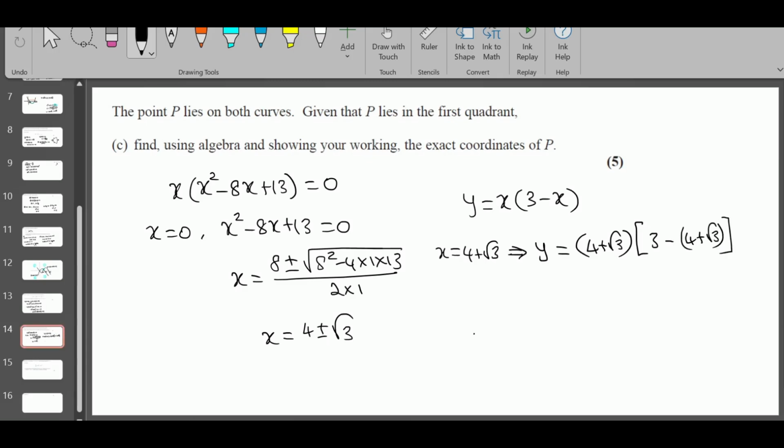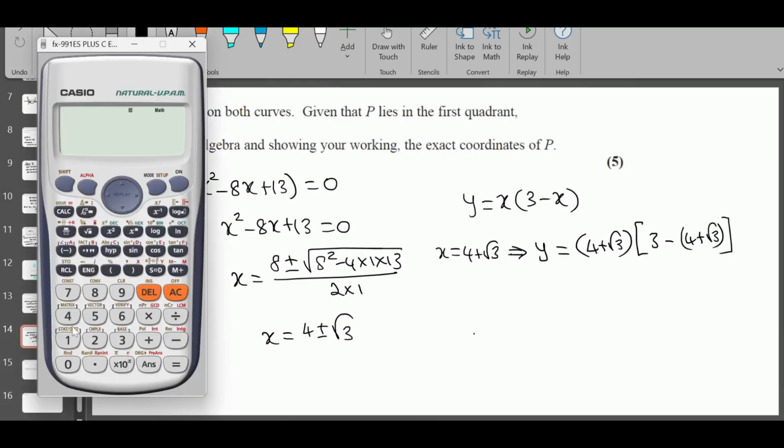Let's put it in the calculator to check whether we are getting a positive number. 4 plus root 3, close the bracket. 3 minus 4 is minus 1 minus root 3. You get a negative number, so you can straight away ignore this.